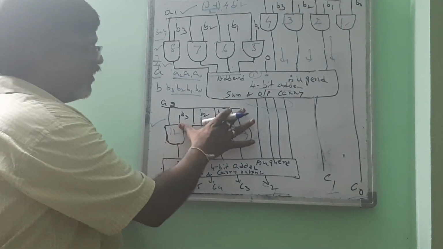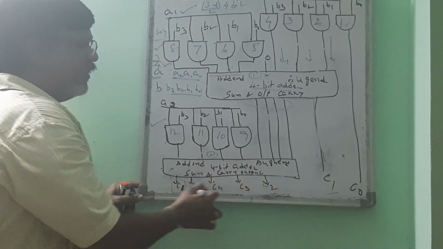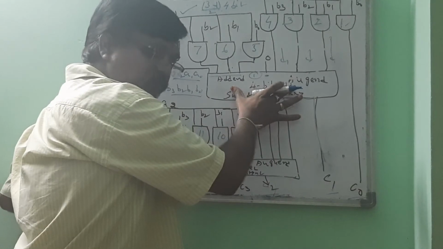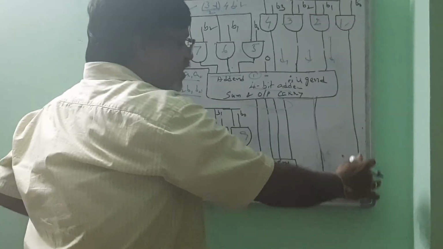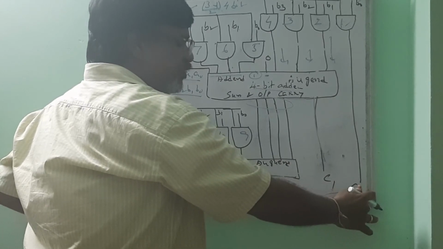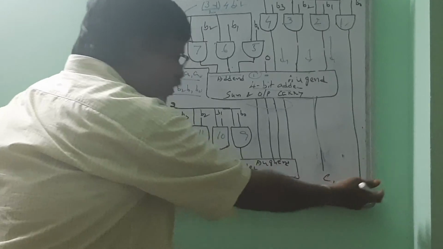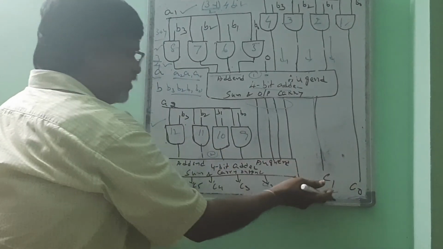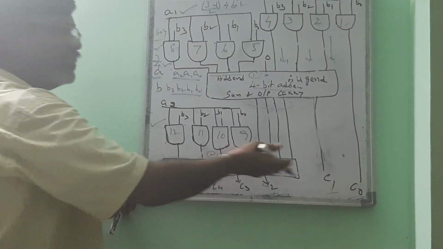So from this 4-bit adder we got 5 bits, and from the first 4-bit adder we got a carry value, and as it is the first bit position, A0 B0 is directly written as C0. So put together C0, C1, C2, C3, C4, C5, C6, totally 7 bits.